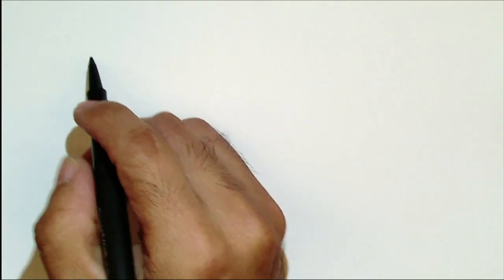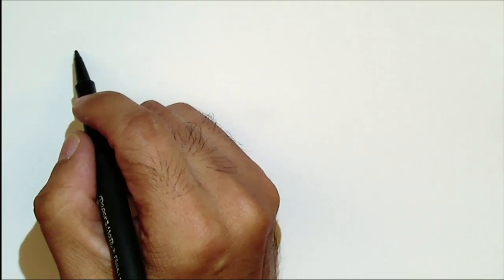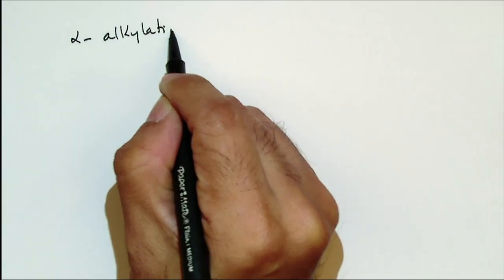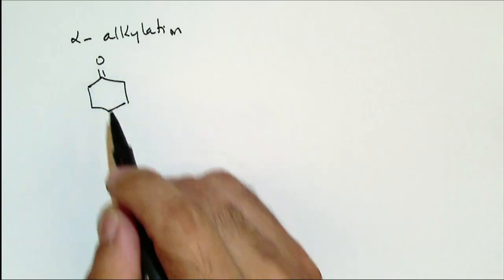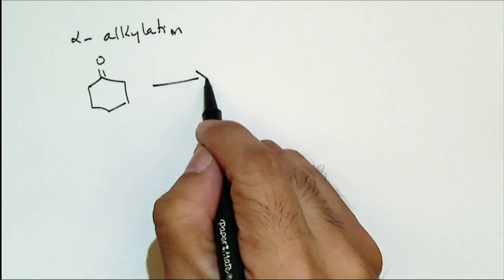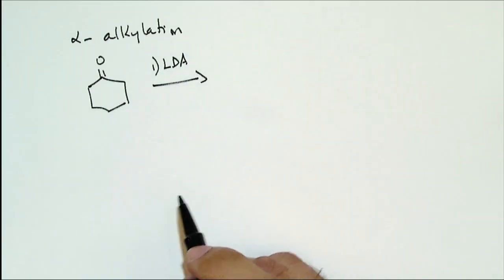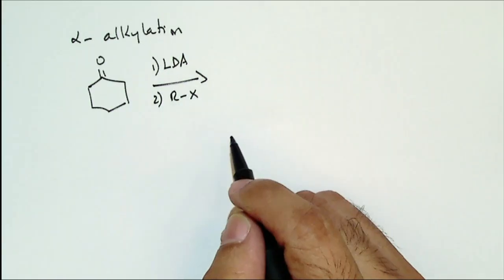Now, I said earlier that alpha alkylation is one of the main ways by which you extend the length of chains. So in alpha alkylation, remember, what we're actually doing would be, for example, if I have cyclohexanone, I treat this with a strong base, such as lithium diisopropylamide, LDA, and then I'm going to add an alkyl halide.